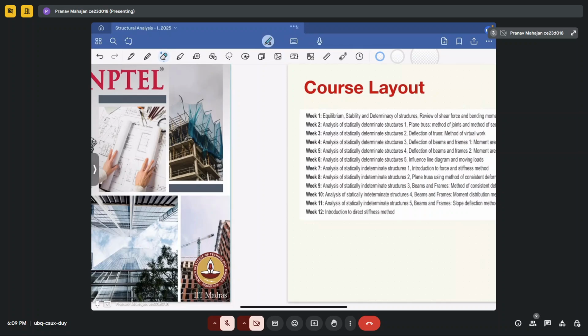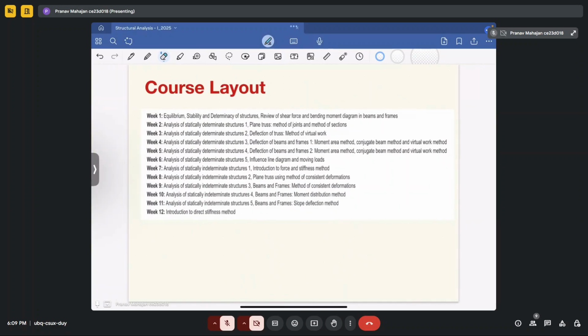Talking about the course layout, it contains 12 weeks. For the 12 weeks, what you are required to cover is mentioned in this slide. In this current week, you have covered equilibrium of structures, how to determine the equilibrium of structures, then how to determine the statically determinate as well as indeterminacy of the structure, and then some examples related to shear force diagram as well as the bending moment diagram for frames as well as for beams.